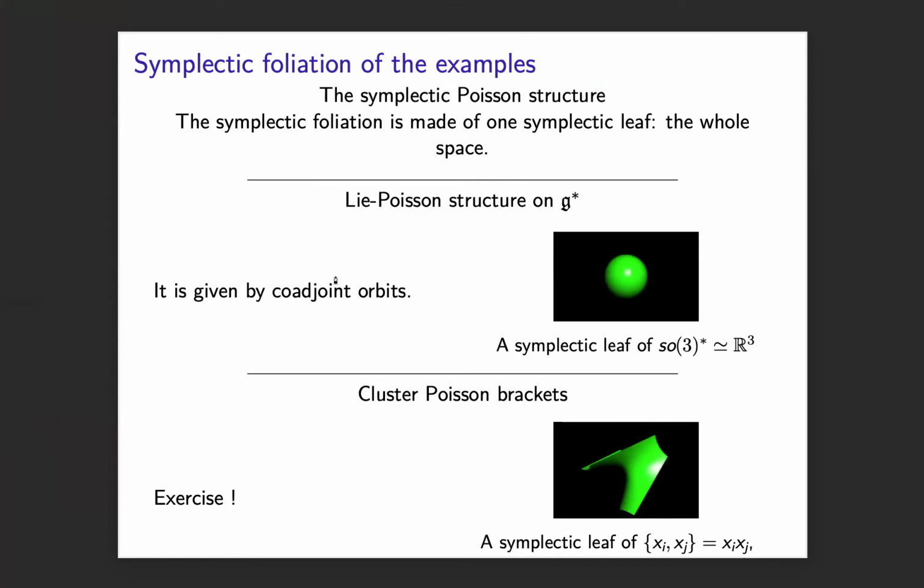Okay, so we had 3 examples of Poisson manifolds. And for every example of Poisson manifold, there is a symplectic foliation. So let us detail this.